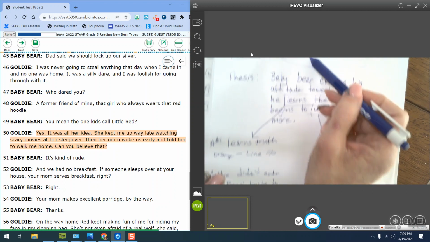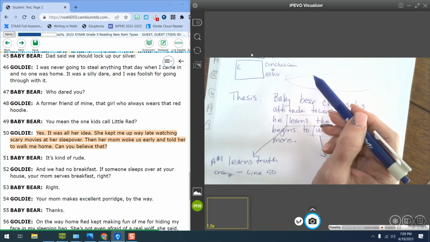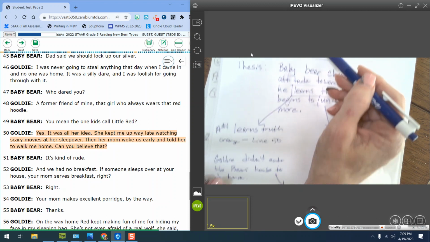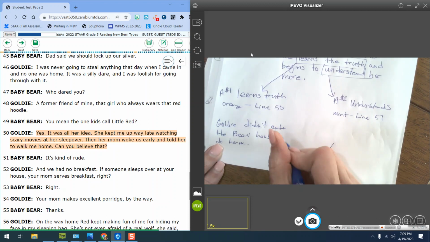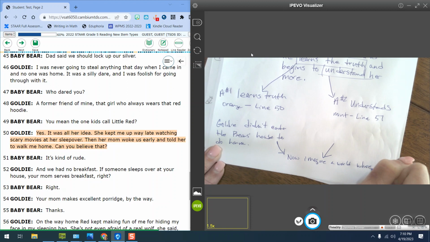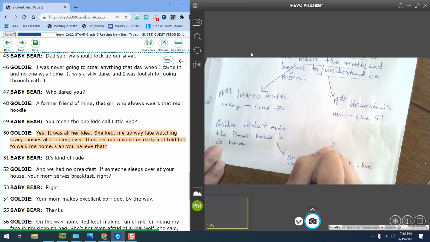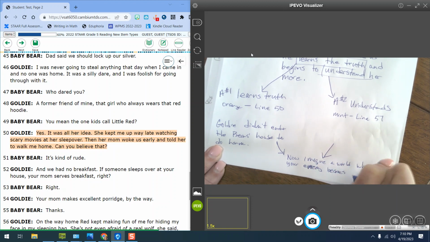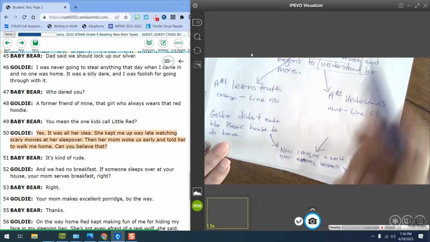So for example, if I use the "imagine a world where your enemy is invited into your home," I could say, "Imagine a world where your enemy becomes your friend." Okay, that's an echo of the hook that I suggested.